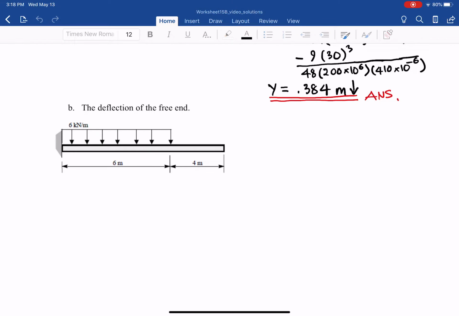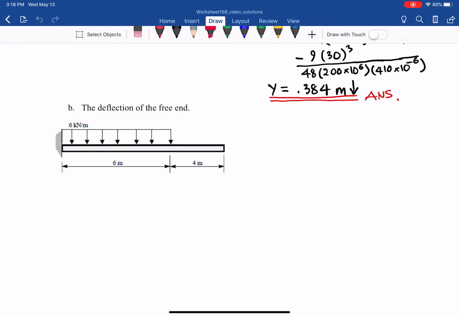Now I show you this. Let's have only the distributed load. What should be the behavior for this load as it applies? Let's write it down.